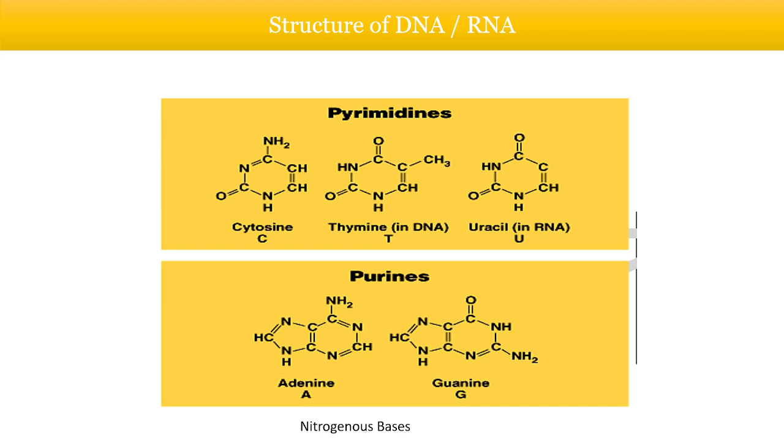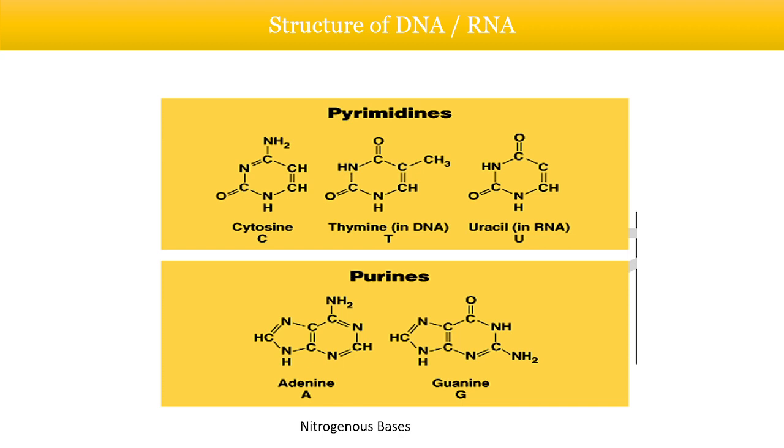Adenine forms hydrogen bonds with thymine in DNA, or with uracil in RNA, and cytosine forms hydrogen bonds with guanine. These are some of the structures you can remember, because there can be MCQ questions.